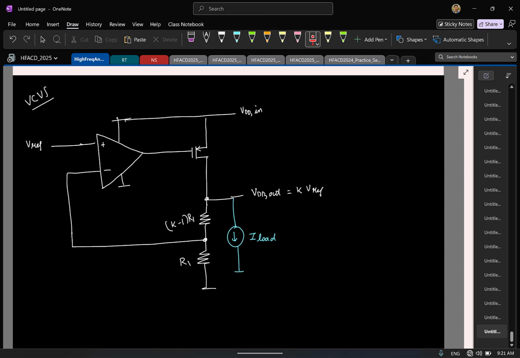So let's actually calculate and see. I'll remove the load for that. Again, this is all small signal calculations. So let us say this is my output impedance. Let us say the first stage has a gain of A1. Now by inspection, can you tell me what this R out is quickly?